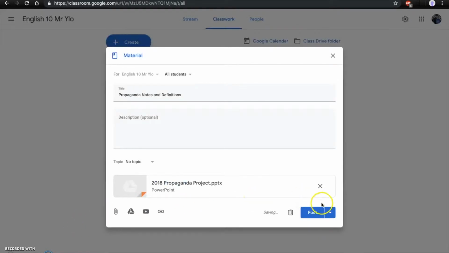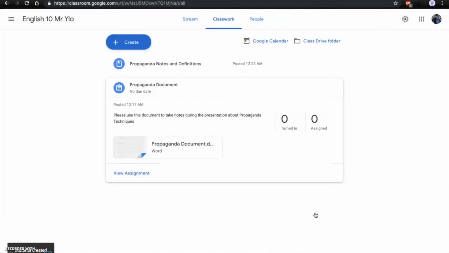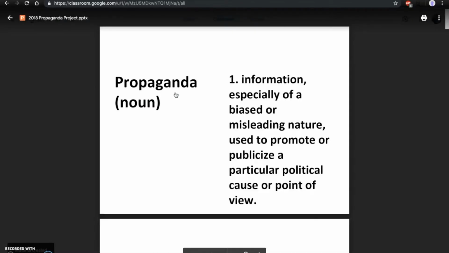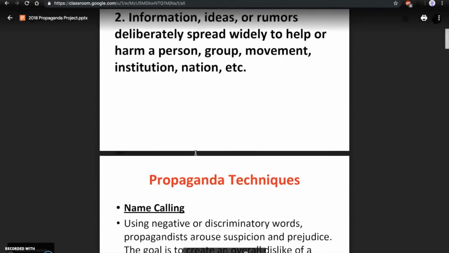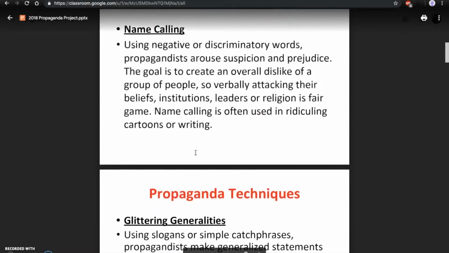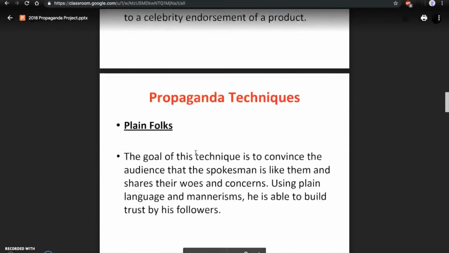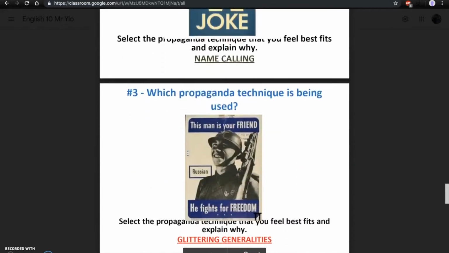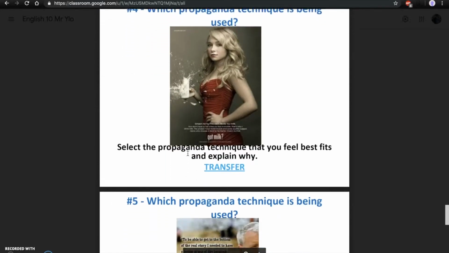Now the students that were not in class today will actually have access to this and read over the definitions of the techniques, and they can even see the different practices that their classmates were able to complete during class.